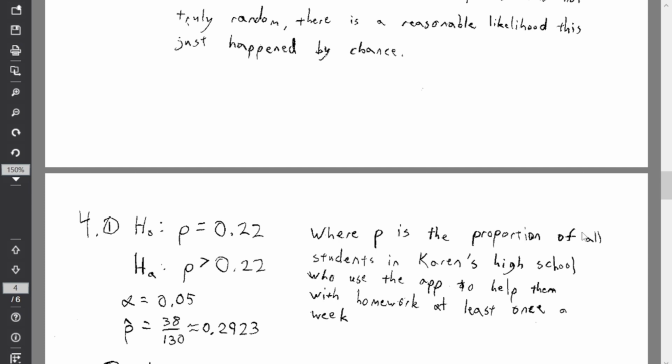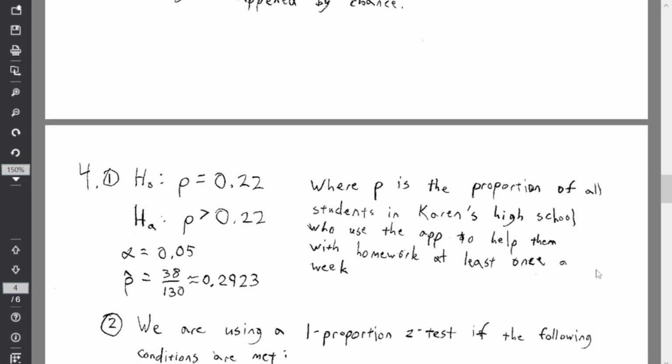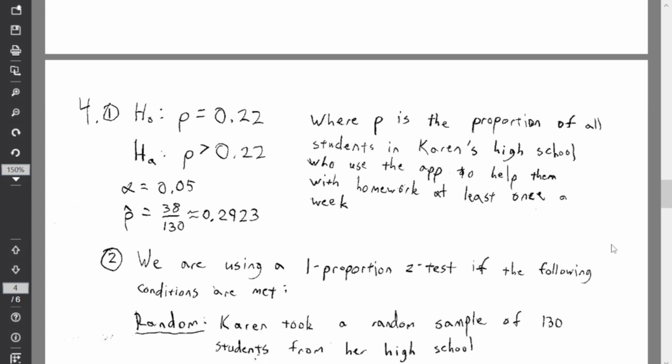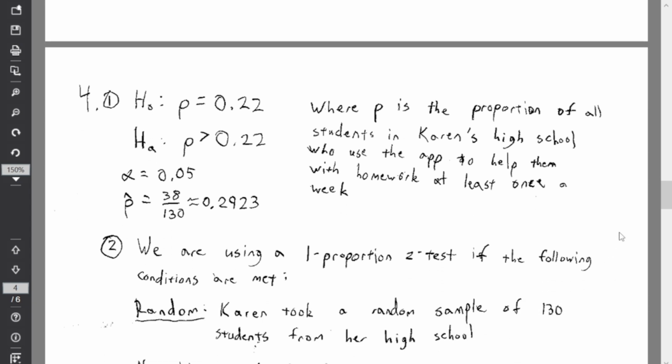So p is the proportion of all the students in her high school that use the app to help them with homework at least once a week. So this is a 1 proportion z-test, or a 1 sample z-test for proportions. And we're going to check our usual conditions. So we have a random sample of 130 students from the high school. So that's our random condition met. For normal, remember we use p naught.